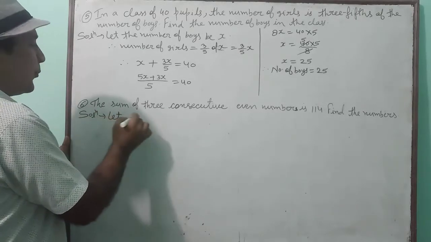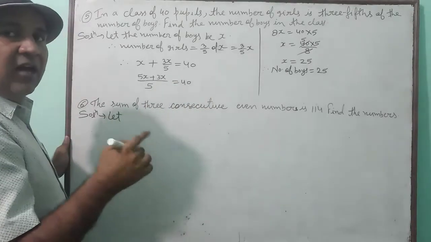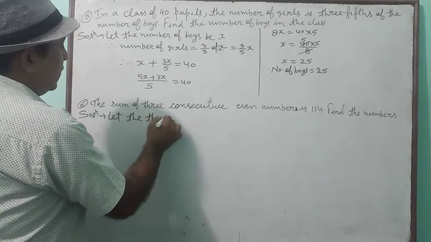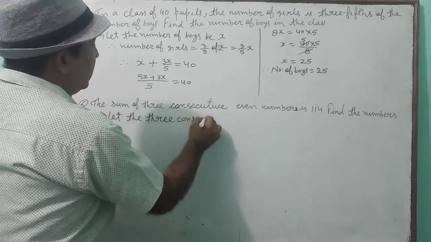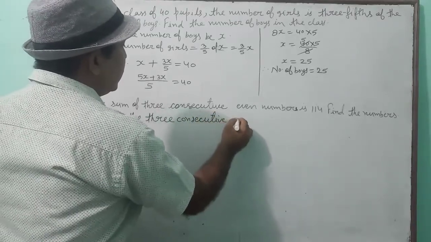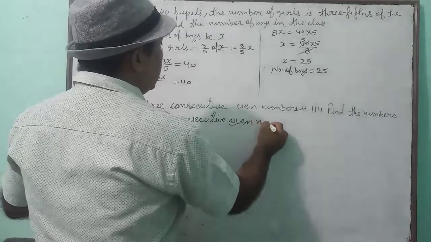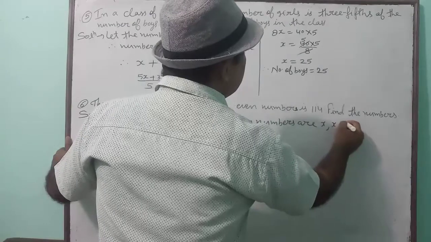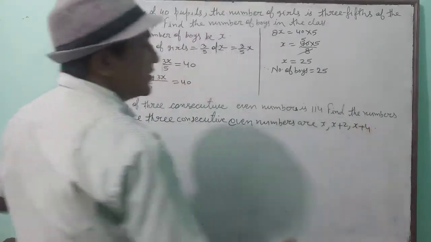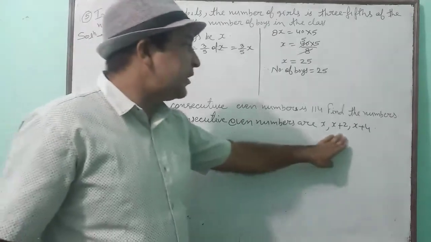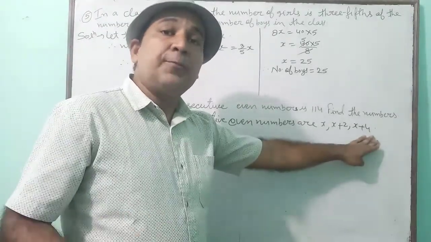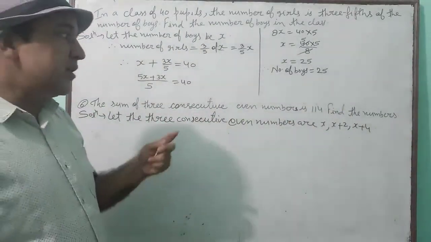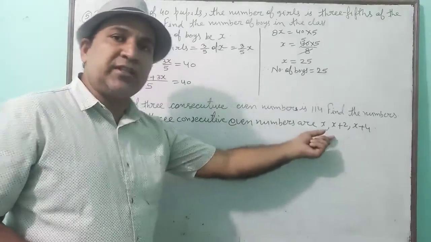If you suppose consecutive even numbers or consecutive odd numbers, then let the 3 consecutive even numbers be x, x plus 2 and x plus 4. These are the three consecutive even numbers. If you have to suppose consecutive odd numbers, then also you will take the same thing. Consecutive even and odd numbers are supposed in this way.